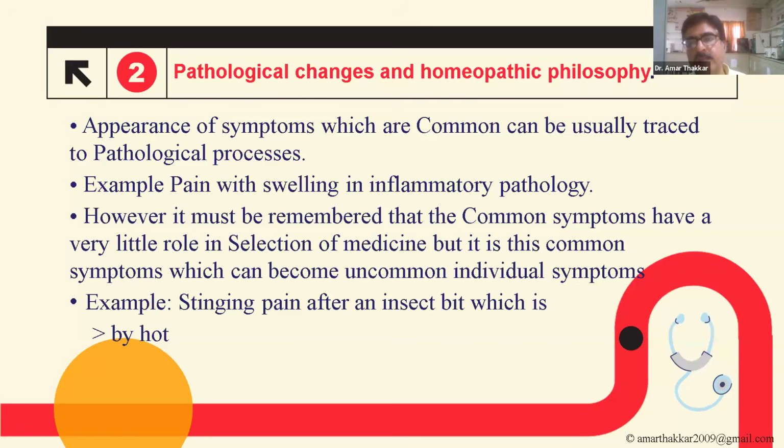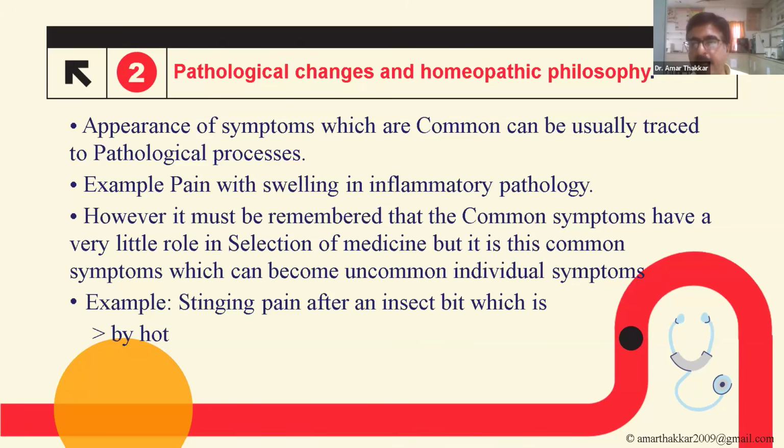But let us try to understand this with a simple example. Pain with swelling in inflammatory pathology. Let us say you are suffering from a condition, conjunctivitis. So you have eyelids which have undergone swelling, and you have pain. So these are two important symptoms which you find as common symptoms, and they are common because of the underlying pathology.